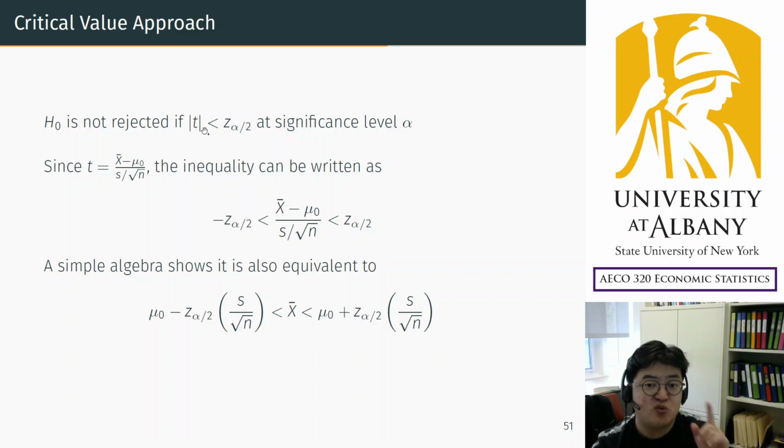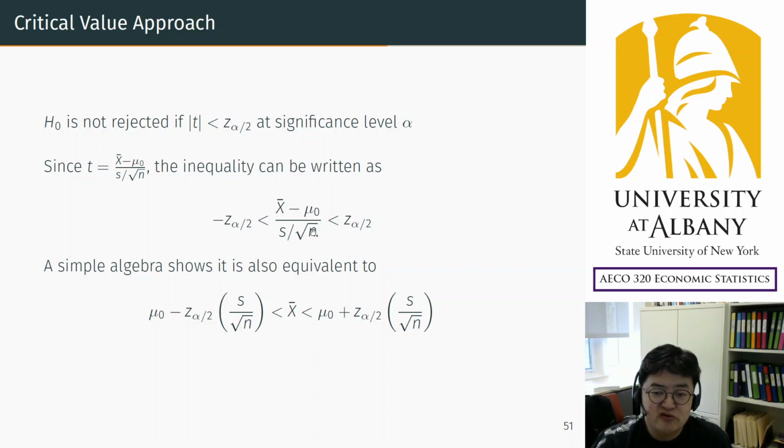The difference between the t-statistic and the sample average is the standardization process, so do the standardization the other way and cancel it out. After standardization, this is when your null hypothesis is not rejected: if the t-statistic is in between plus minus z alpha over 2.